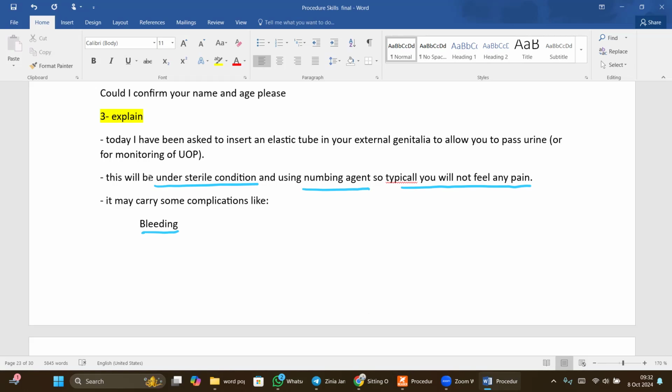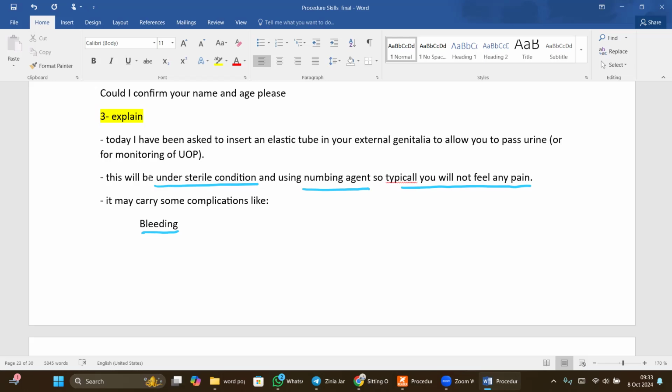Again, today I have been asked to insert an elastic tube in your external genitalia to allow you to pass urine or to monitor the urine output, depending on the scenario, because sometimes the scenario may say the patient is not passing urine for the last 4 hours, or we need to monitor his urine output.